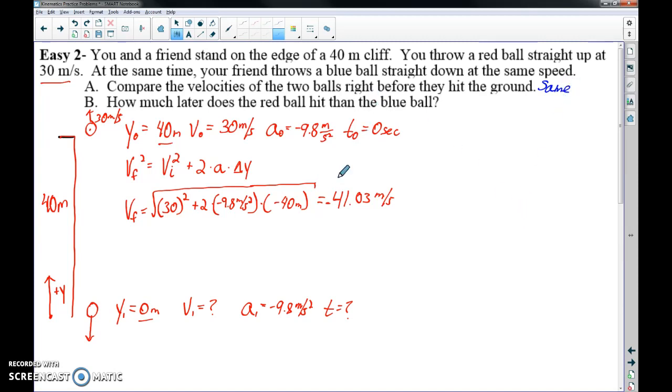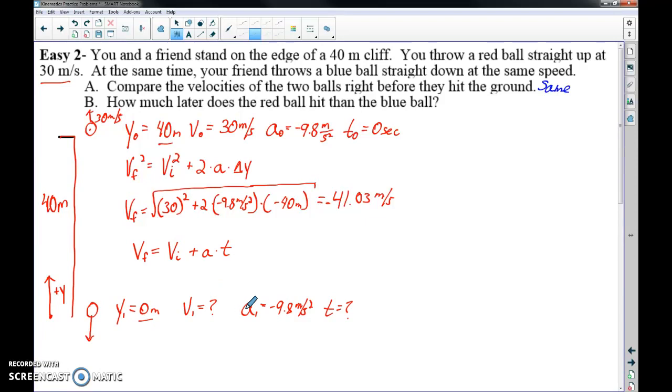Okay. How much later does the red ball hit than the blue ball? Now I'm going to do time. I would get the time of travel between these 2 points by using this equation. My final velocity, which I already know, I just solved for, is equal to my initial velocity plus my acceleration times time.